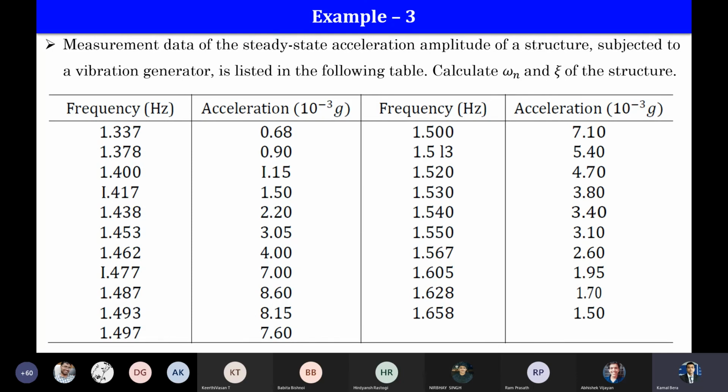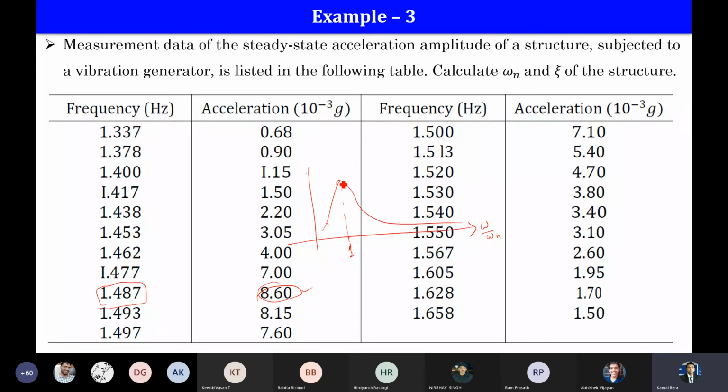Clear? So basically, I'll get a plot like this, right? Something like this. This axis is omega by omega n, so here it will be 1. The maximum value here is 8.60, at the natural frequency.